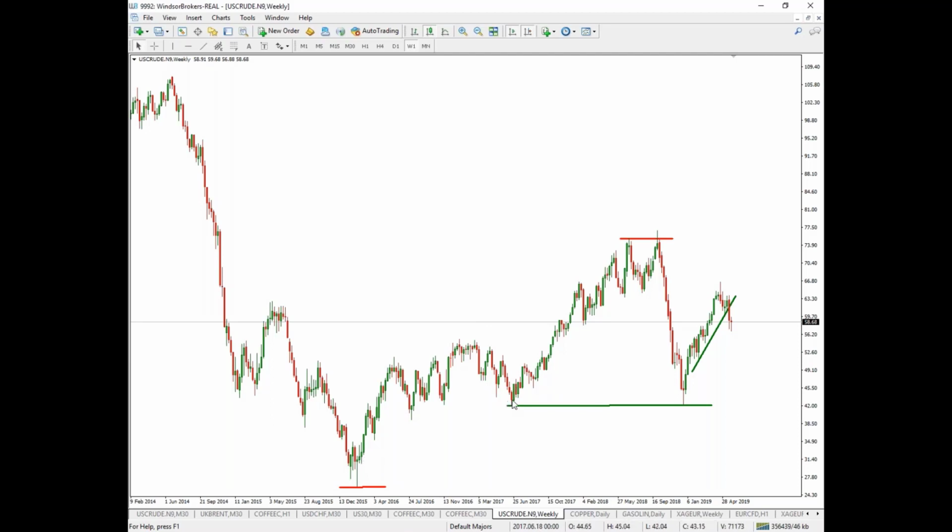Then we have June 2017 at 42.04. We can see that during the period from June 2017 until approximately September 2018, the price rose significantly, hitting levels at approximately $77 per barrel. I do apologize.